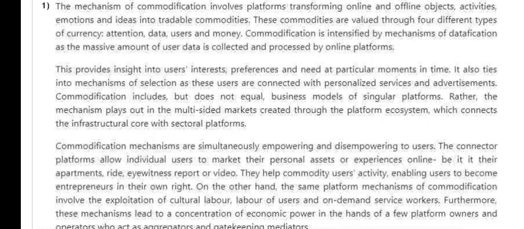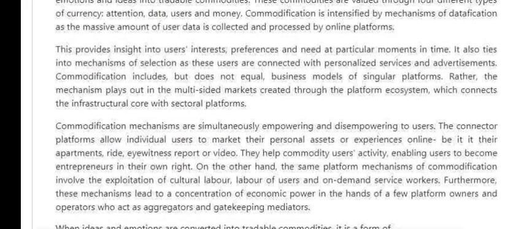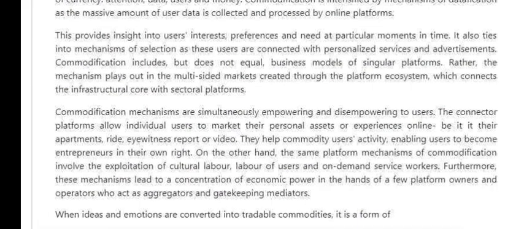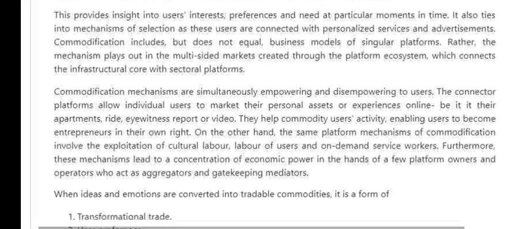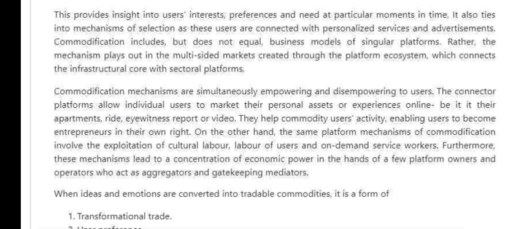These commodities are valued through 4 different types of currency: attention, data, users, and money. Commodification is intensified by the mechanisms of datafication as the massive amount of user data is collected and processed by online platforms. This provides insight into users' interests, preferences, and need at particular moments in time. It also ties into mechanisms of selection as these users are connected with personalized services and advertisements.